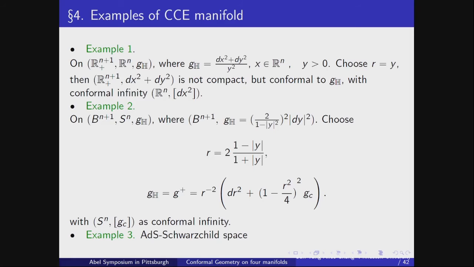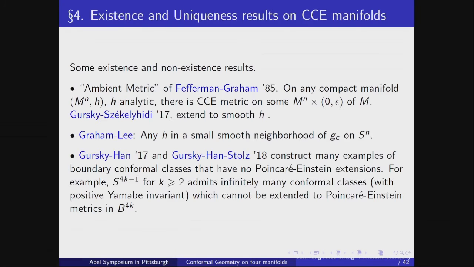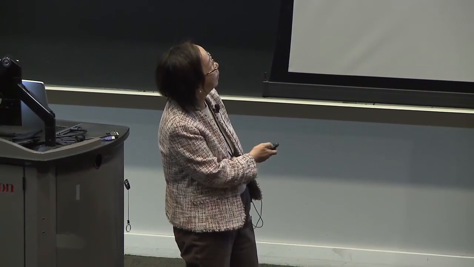Of course, there are much more sophisticated examples of conformally compact Einstein manifolds: AdS, Schwarzschild space, and so on. The problem of, given a manifold, when can you conformally fill it in so that it is the conformal infinity of a hyperbolic metric, has been studied a lot.